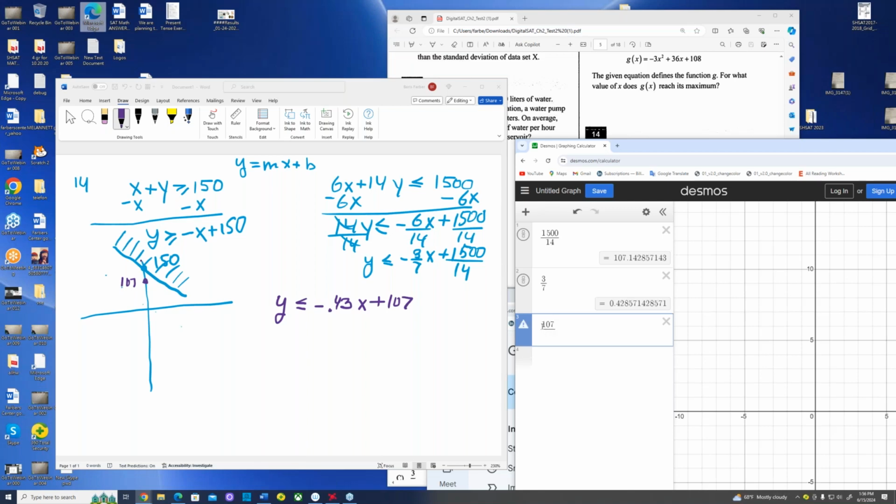Divide by 0.43. And this is 248. Pretend you do it in scale. And after that, you connect this and this.